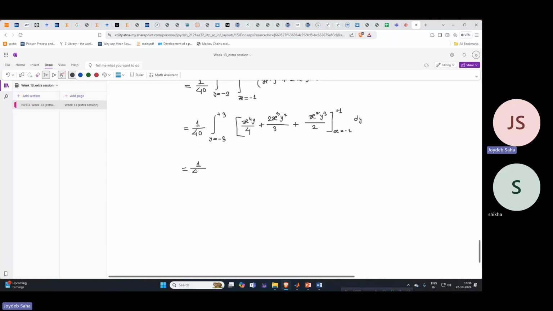This is 1 upon 40, y is equal to minus 3 to plus 3. So let us put the value of x.